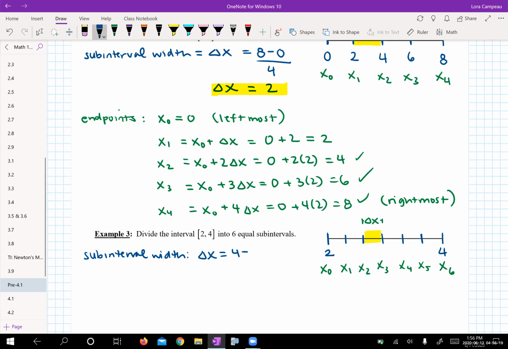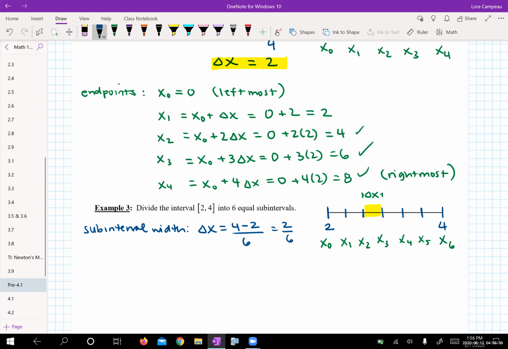Right endpoint minus left endpoint, all over however many subintervals that you want. So we wanted 6. So what do we have? 4 minus 2 over 6. That's going to be 2/6. And that's great if you want to use it, but I like to reduce, make my life a little easier. So I should have 1/3. So now we know the distance between each of the intervals.